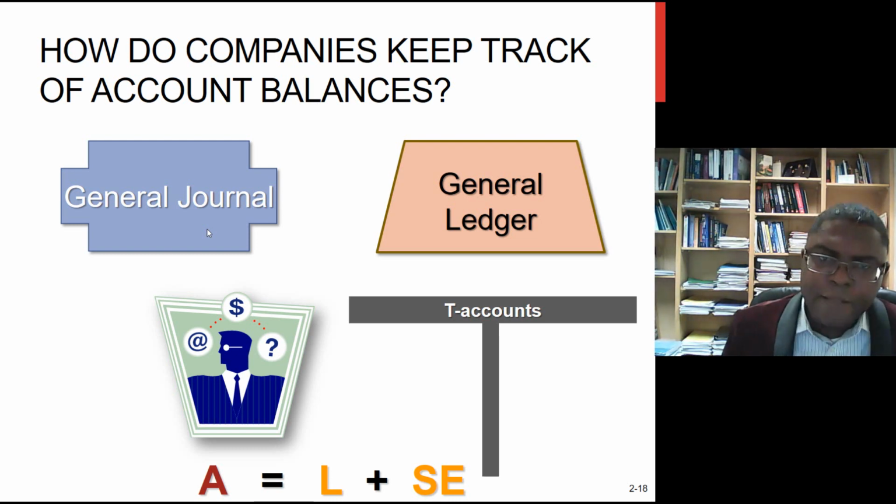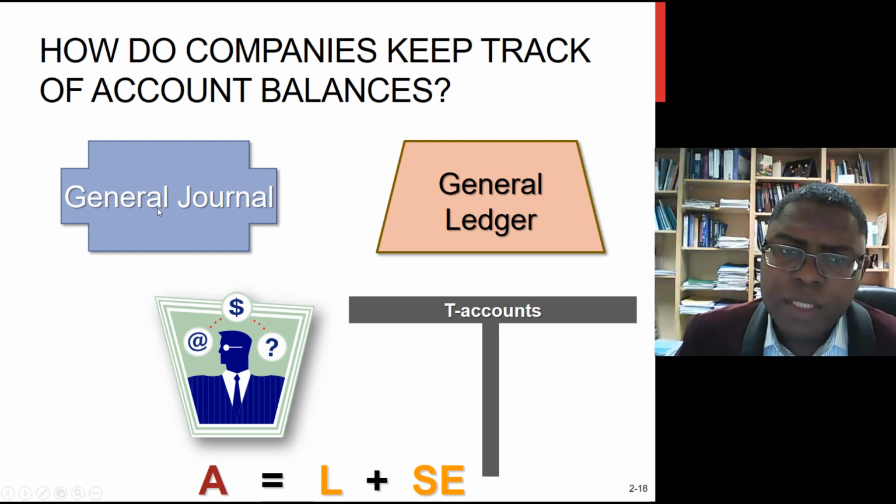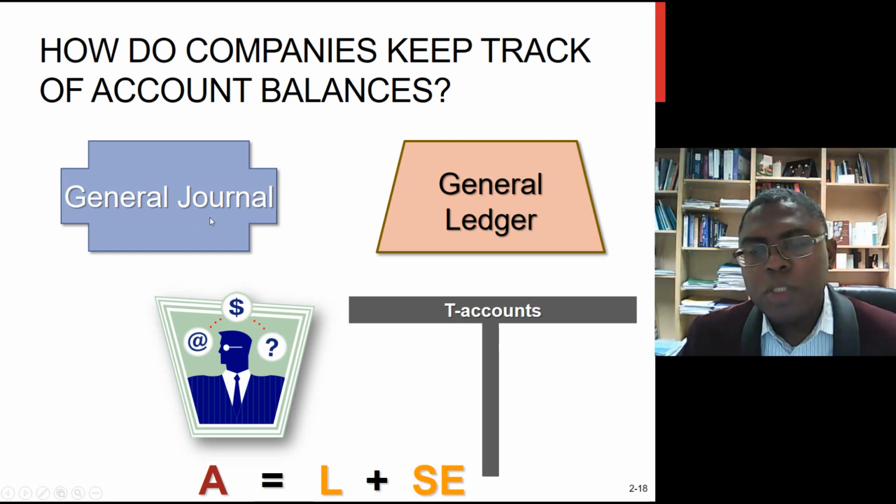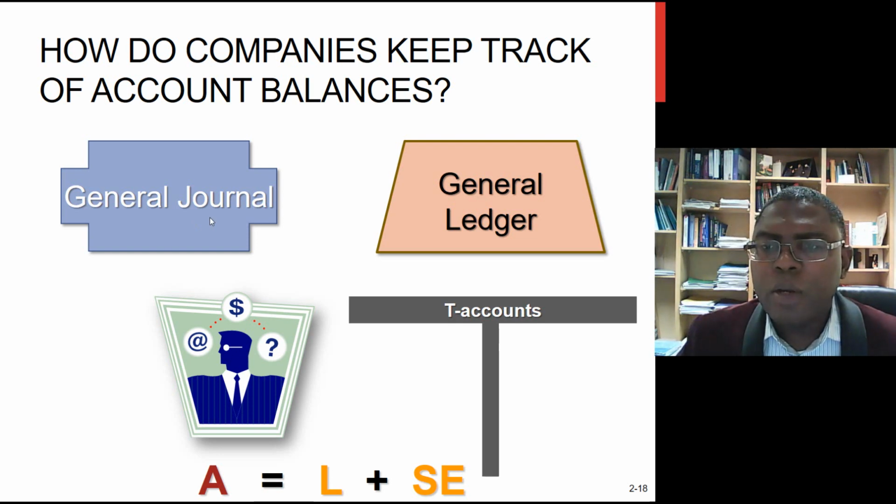Let me say this again. When a transaction occurs in the business, it is recorded in the general journal. In the journal, transactions are recorded chronologically based on how they occur, and then they are posted in the general ledger.